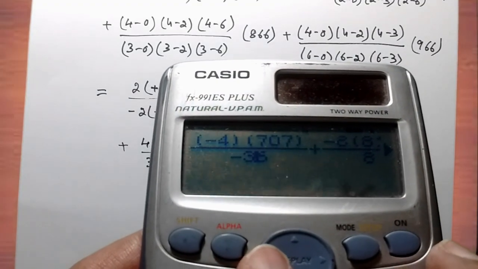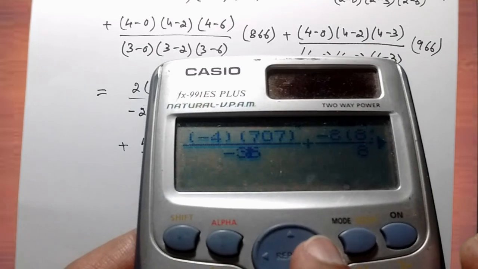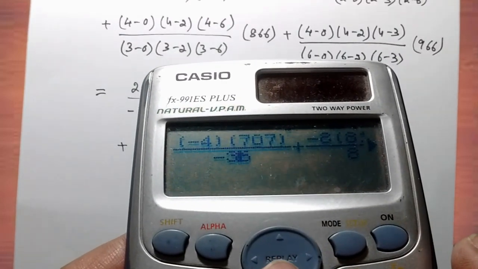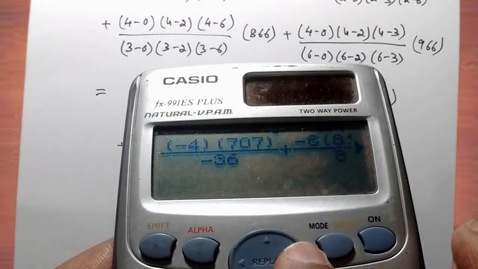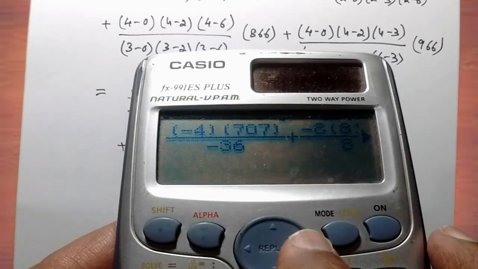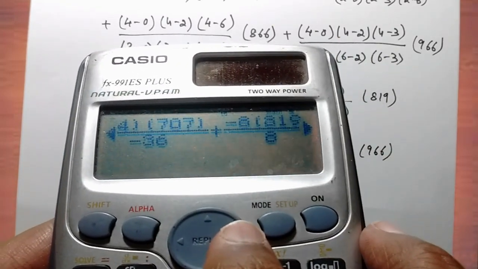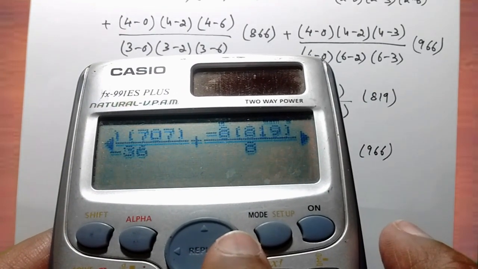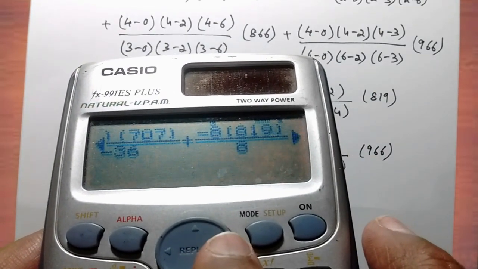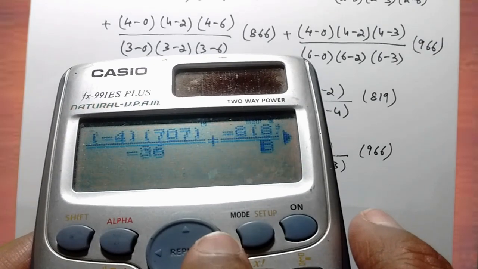Check it, I just multiplied and written: minus 4 multiplied by 707 divided by minus 36. That is the first term. Next term I have written as minus 8 multiplied by 819 divided by 8. That also I multiplied and written.